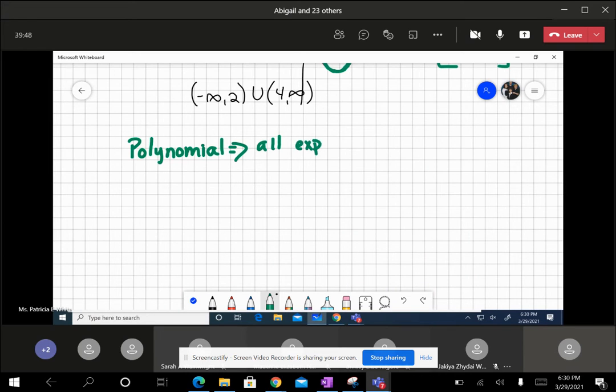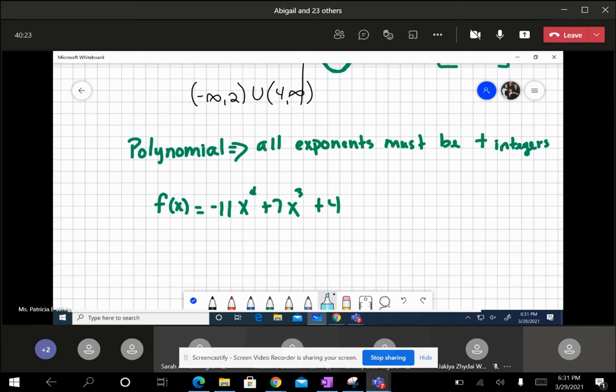All exponents must be positive integers. So if I'm looking at problem 11, I have f of x is equal to negative 11x to the 4th plus 7x to the 3rd plus 4.